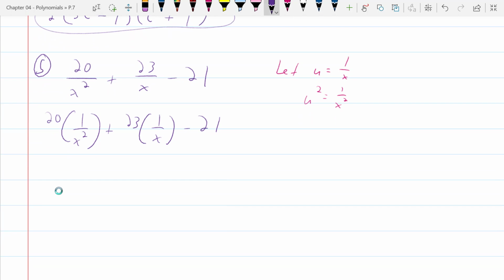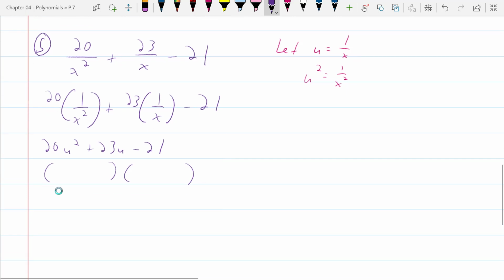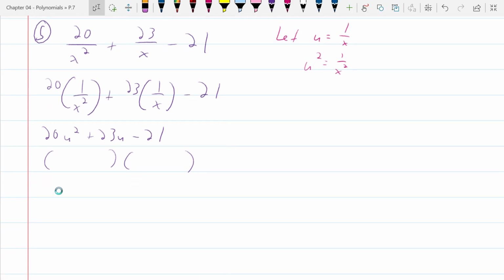So what I'm going to do here is just replace or substitute and give me a 20u squared plus a 23u minus a 21. Now I have something that I can try to factor. There's no guarantee that everything's going to factor, but we're going to want to play around with this a little bit. So I know that 20 is going to split up into 2 and 10, 1 and 20, or 4 and 5.